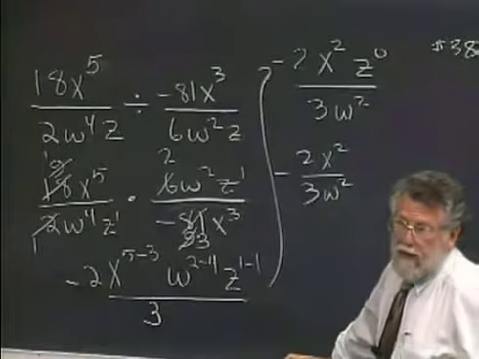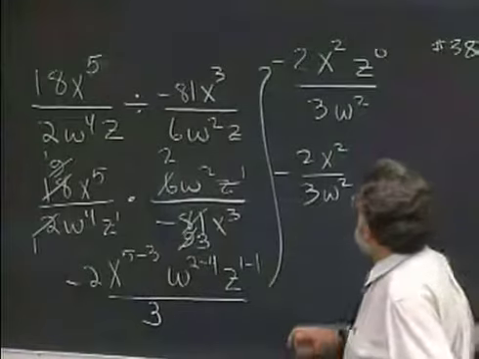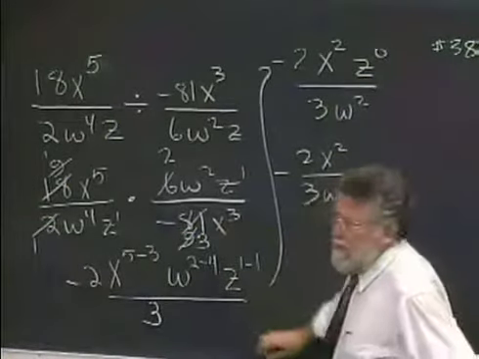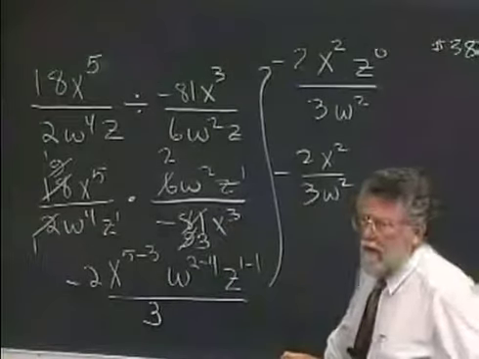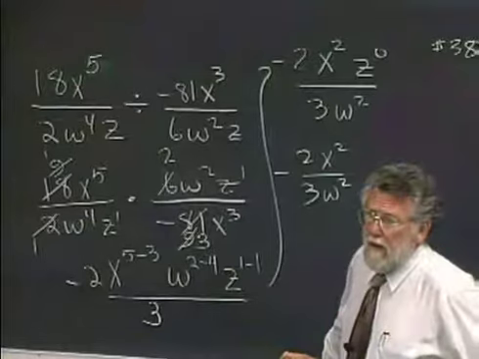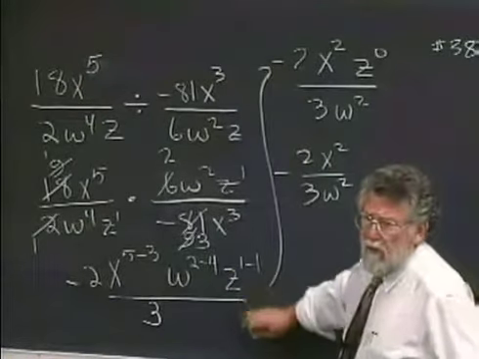Later on in a test, you might not want to fool with that and just immediately go to a 1 there. But I do want some intermediate step. And the thing I'm concerned about, when you get a z to the 1 minus 1, you don't suddenly say, well, that's 0.